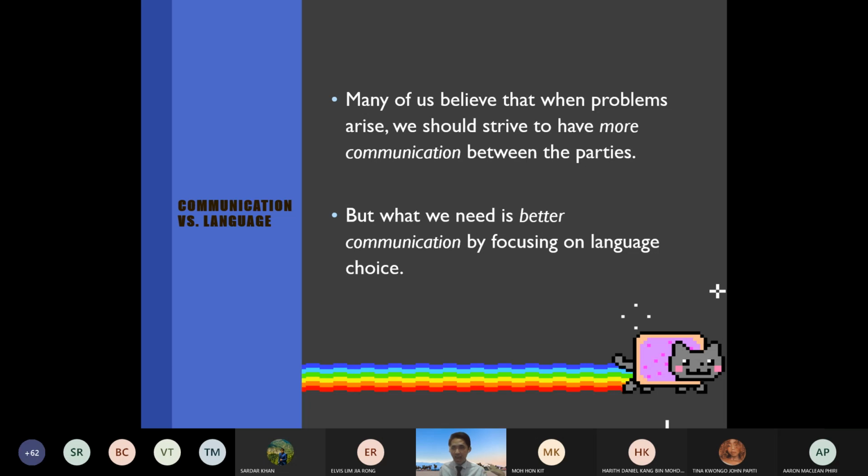When we have any conflict, we should always strive to have more communication. But this is not always the case, because I see this is a common theme among a lot of people. I'm not sure if you can relate to this, but when you are in a particular argument, professional or outside of a professional setting, I notice a lot of people tend to raise their voice. Sometimes raising our voice is not particularly a bad thing because we just want to be heard, or maybe we just become a little bit too emotional at times.